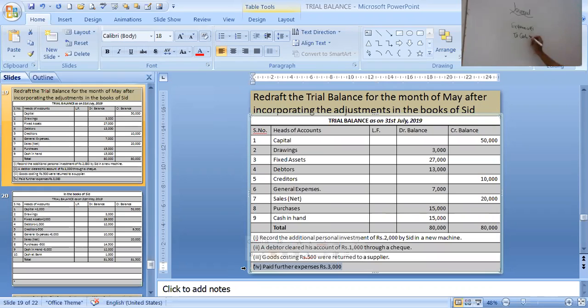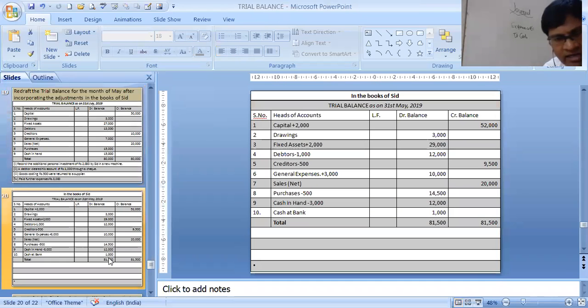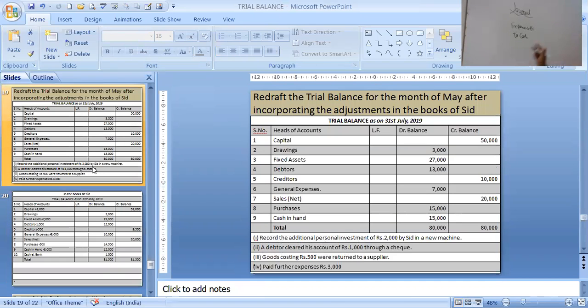So expense account debit to cash, how much? Further expenses of 300 or 3,000? Let's see. Yes, it is 3,000 only. So we have increased the expense by 3,000 and we have decreased the cash by 3,000.